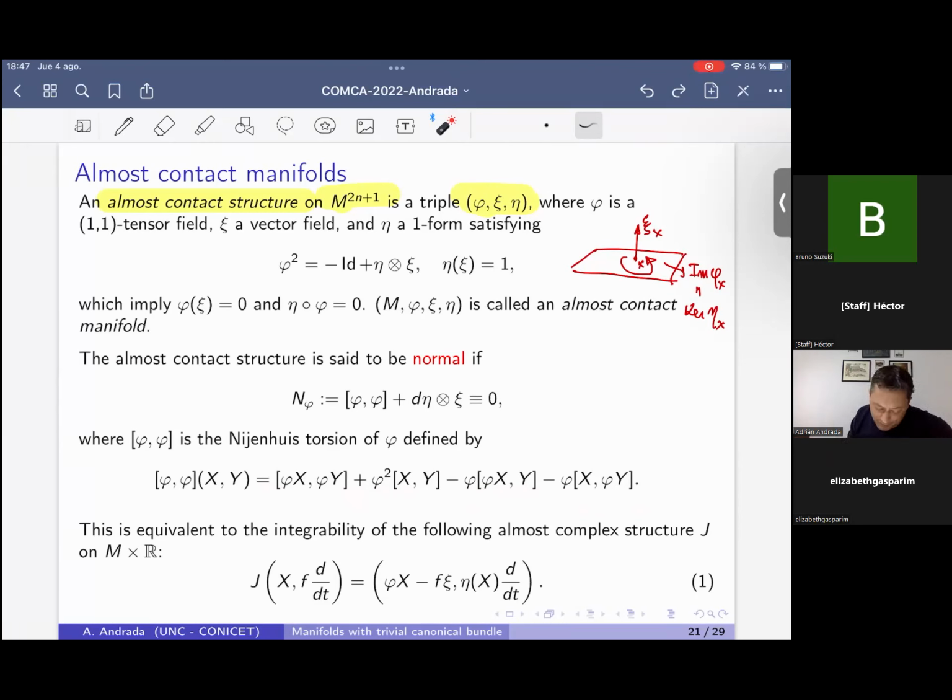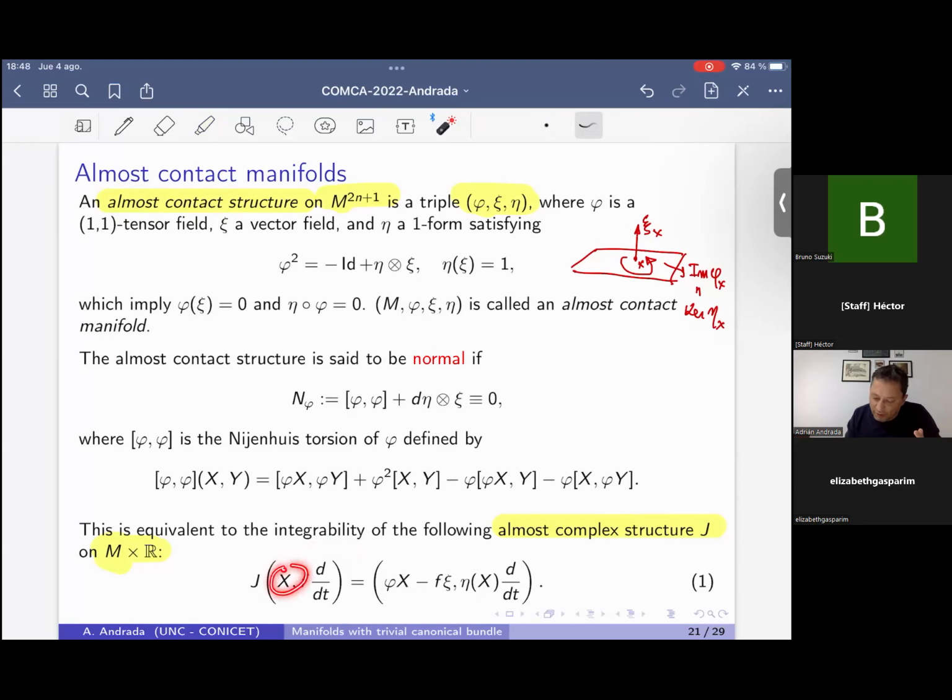In fact, we can do the following. Here, we multiply M times R. This adds an extra dimension, so we have even dimension now. And we can define there an almost complex structure J. How? In this way, as stated here.